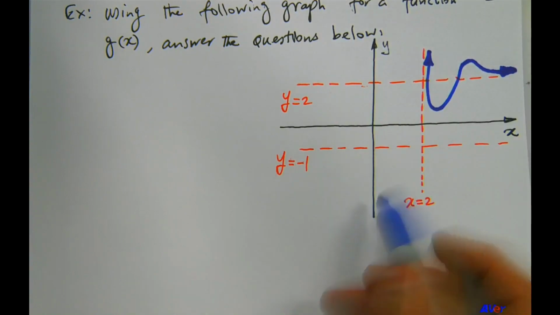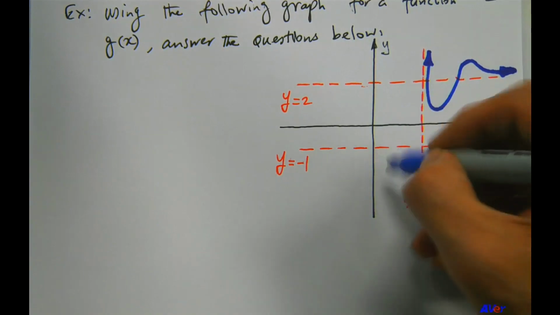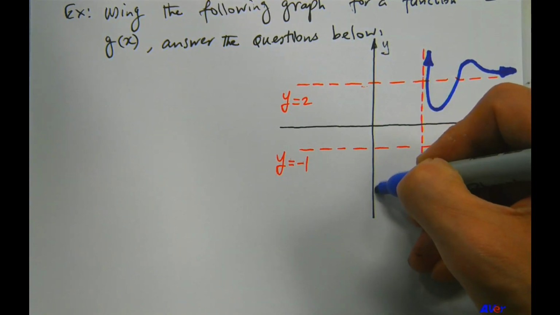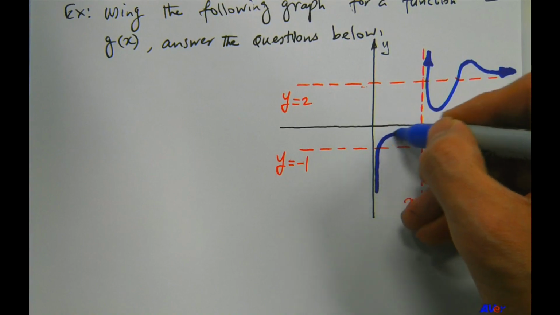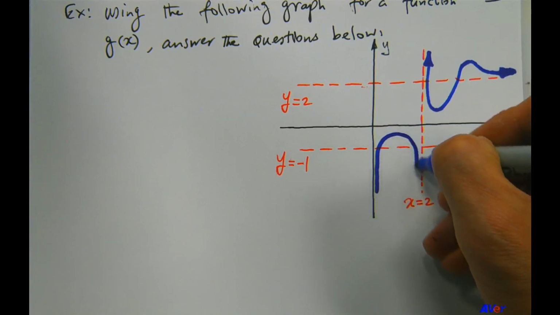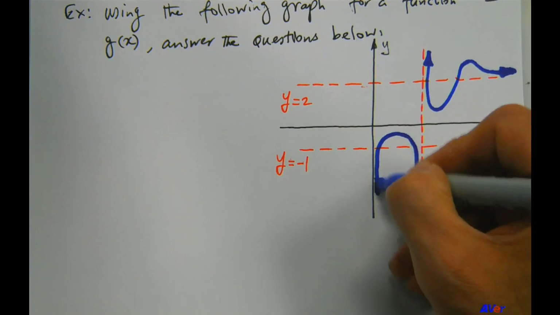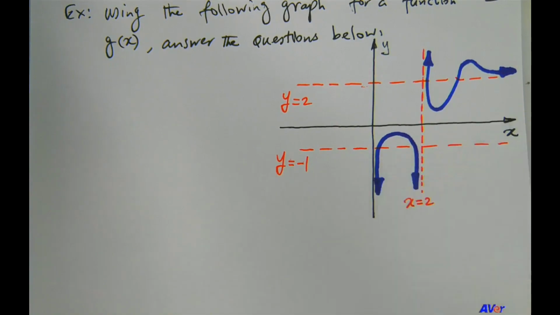And we have another piece of the graph that does this, like that, and like this on this side.